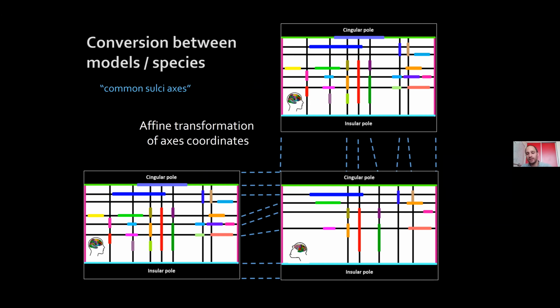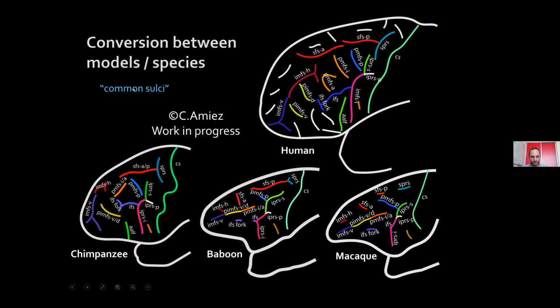The real difficulty is in defining common sulci, and that's obviously the job of Céline in this project. I think she did convince you that we can define some correspondences across different species. And of course, this is a work in progress, and the idea is that the implementation and the understanding of the commonalities will go together.